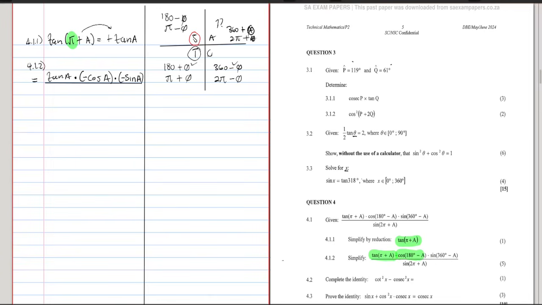In the first quadrant all the ratios are positive, so sine(2 pi plus a) is going to be plus sine a.